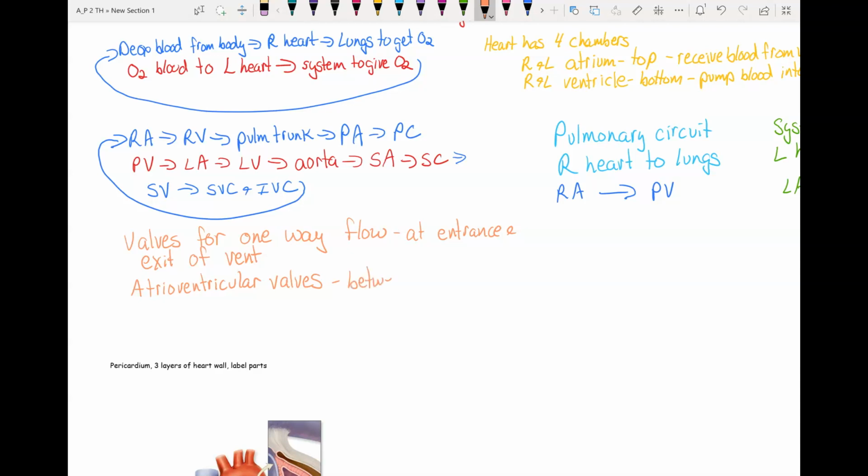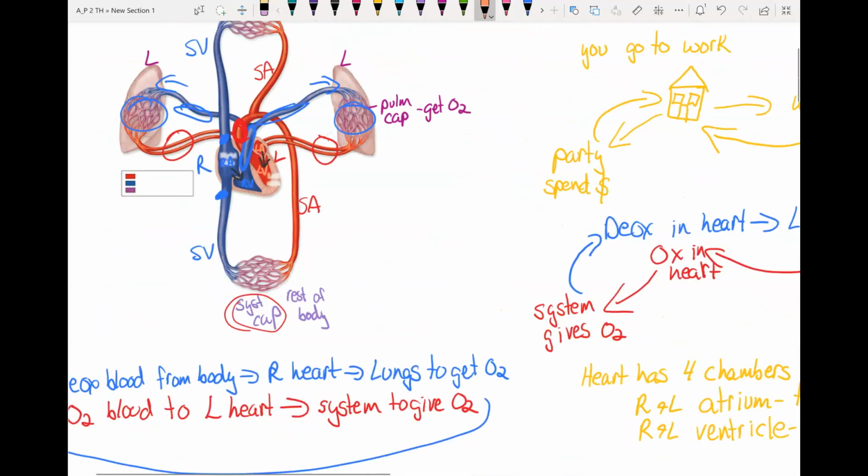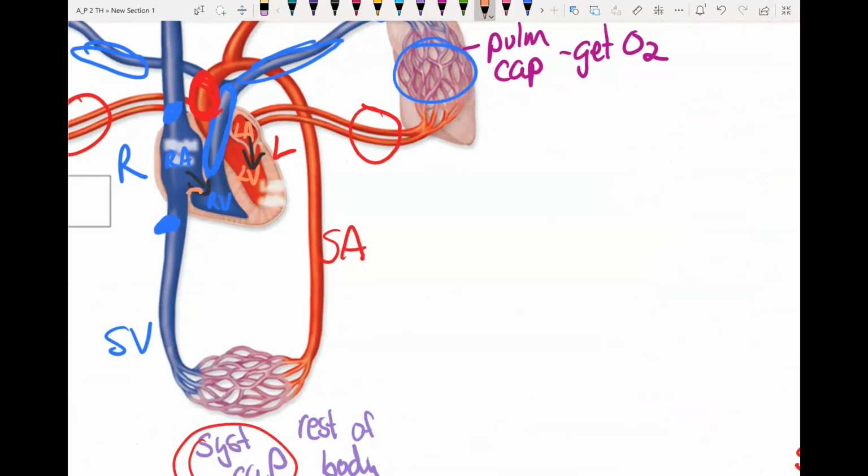So this is between the atria and the ventricles. So this little flap here and this flap, and see these little flaps? That's the AV valves. They open to let blood go from the atria into the ventricles. And then when the ventricles pump blood into the arteries, they close. That way the blood has to go into the arteries and not back into the atria.